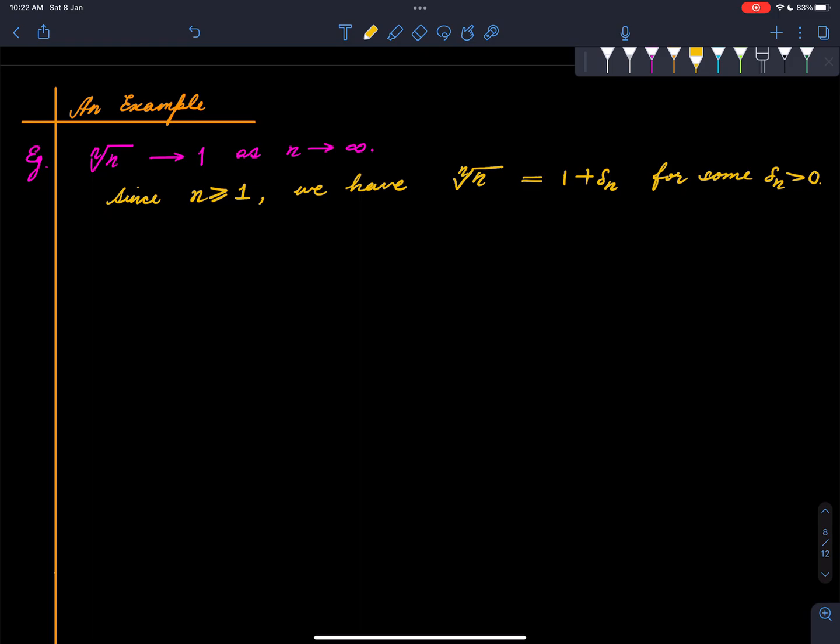And thus, 1 plus delta to the power n is the same as n. Let me write it better. So thus n is equal to (1 plus delta_n) to the power n. And here we'll use the binomial theorem, which we are familiar with from high school, and so on.